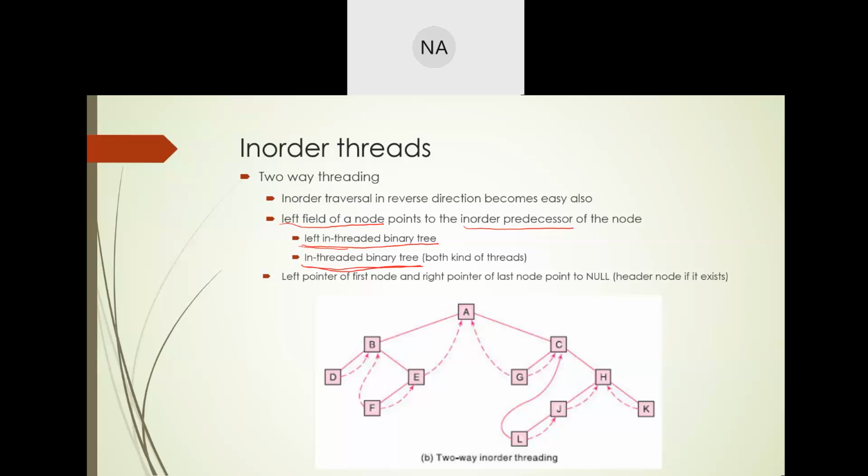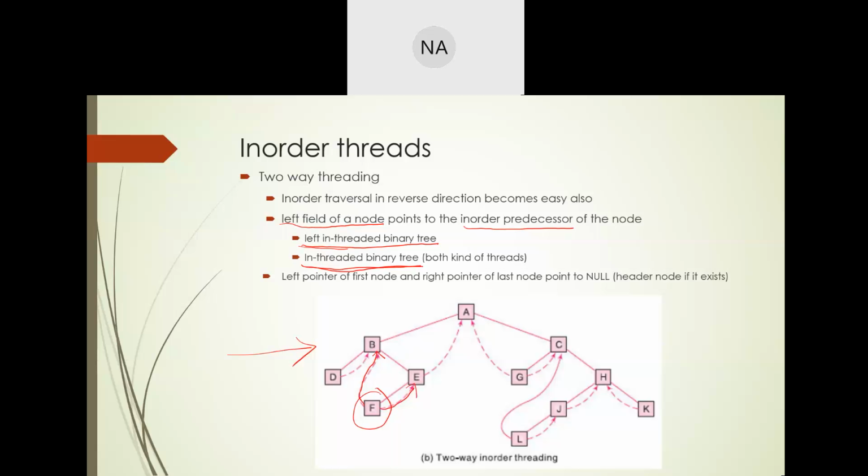This example is an in-threaded binary tree because here we use both the left and right threads. You can see that at node F we don't have any children. Both the left and the right pointer are empty, so its left thread points to the in order predecessor, and the right thread points to the in order successor.